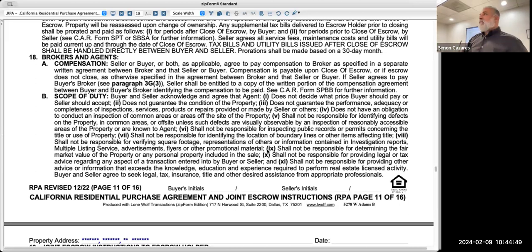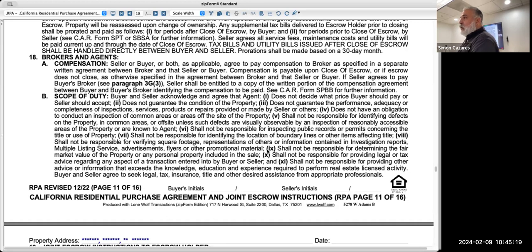So what this is basically stating to the seller and the listing agent is, hey, you checked off 3G, I want to see that document of what you and the buyer have as an agreement. Because if you really understand the elements of the buyer representation agreement, it says clearly that the buyer shall compensate the buyer broker.